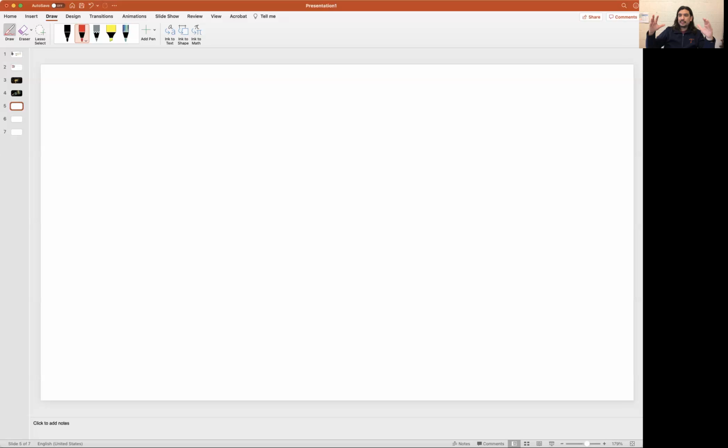The neutron star might be 10 kilometers across, right? So this is 10 kilometers. That's about the size of it. And its density is about 10 to the 13 times the density of lead.